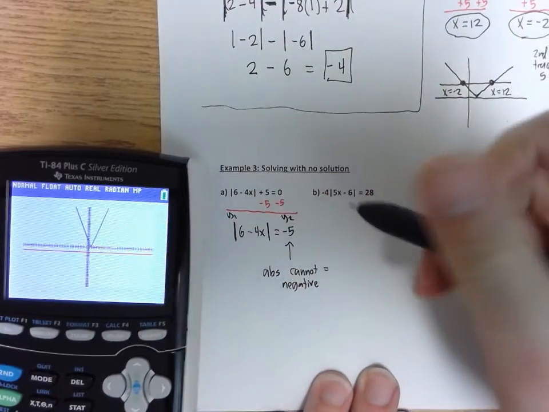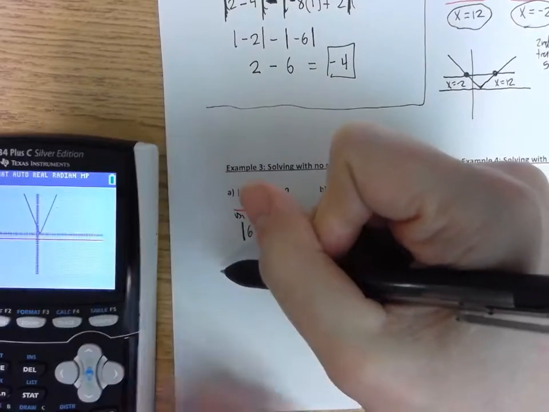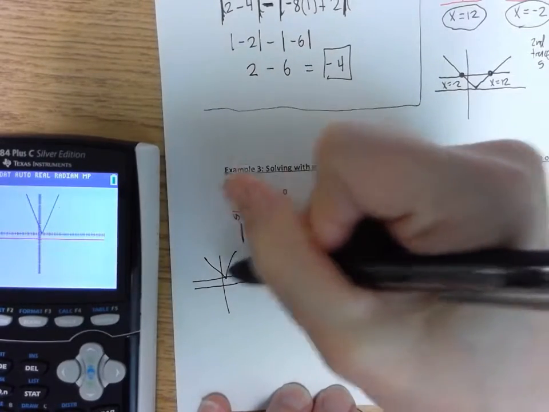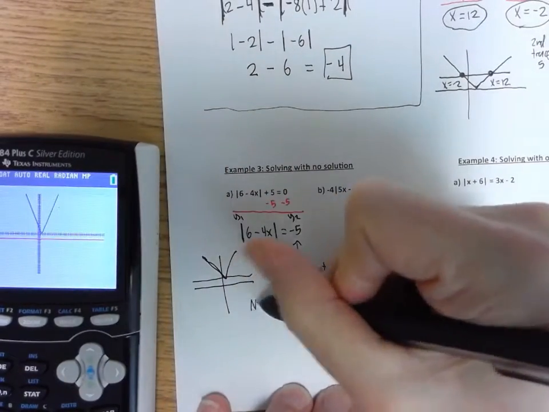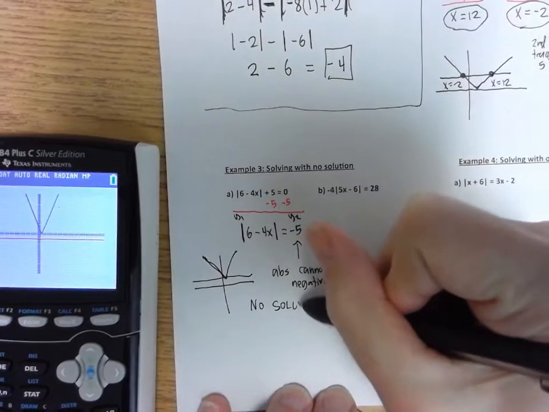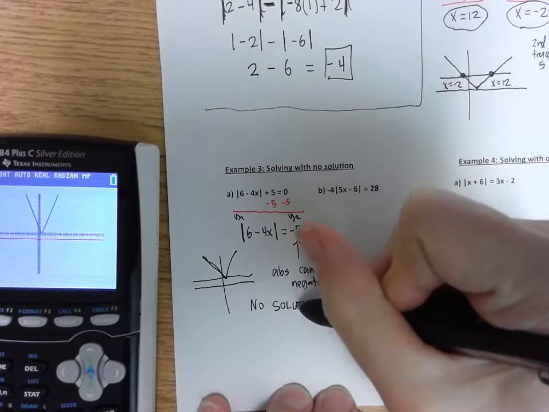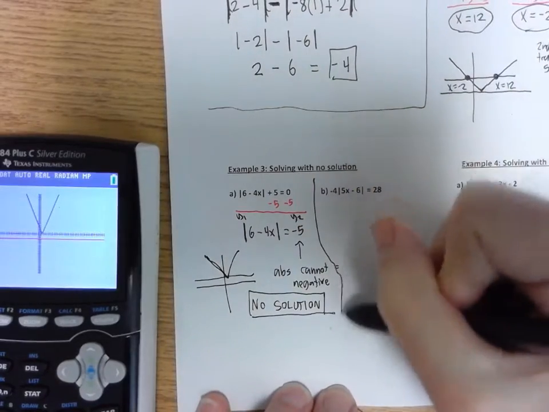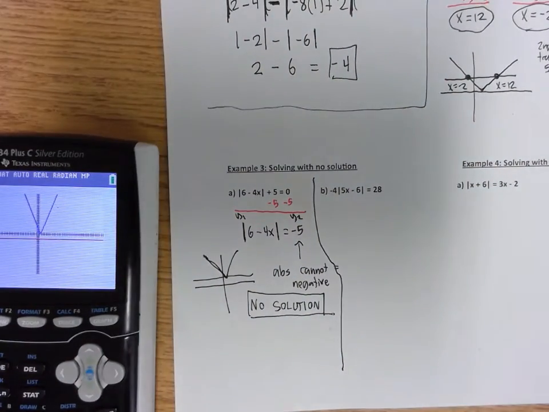So there is no solution. The graph doesn't cross. Don't waste your time trying to solve that by hand when you're not going to get anything in the first place. No solution.